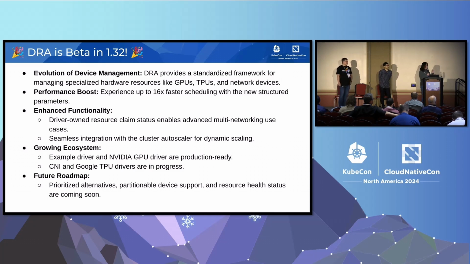For example, in this release, DRA is getting even better because we are graduating the structured parameters for those special devices to beta, and adding enhancements for scheduling, to leverage those structured parameters.